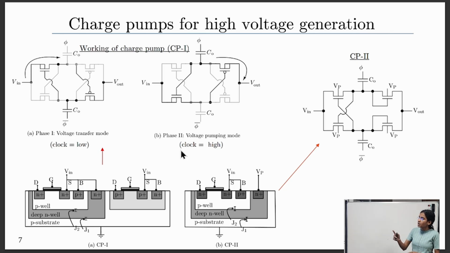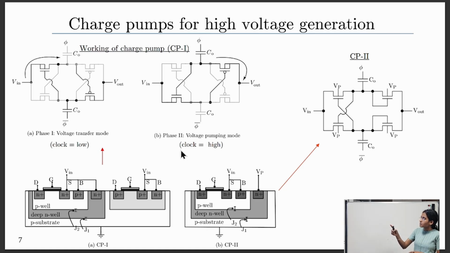When the clock is low, the NMOS transistor is on, which will connect the input to the intermediate node. So the intermediate node charges up to voltage Vin. When the clock is applied in the next phase, based on the parasitic capacitance at that node, it will charge based on the value of C0 and the parasitic capacitance, which we will discuss further.